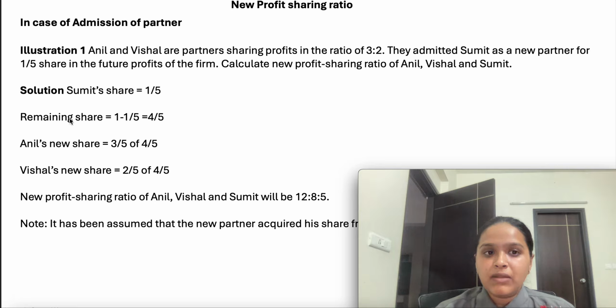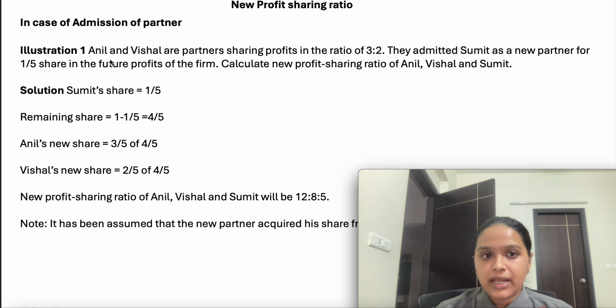Okay, so the remaining share for Anil and Vishal that has to be distributed between both of them is 4:5. How do we need to distribute that 4:5 between Anil and Vishal? Since we do not have any information given in the question, we have to assume that they distribute this remaining share of the profit in their existing ratio only, 3:2.